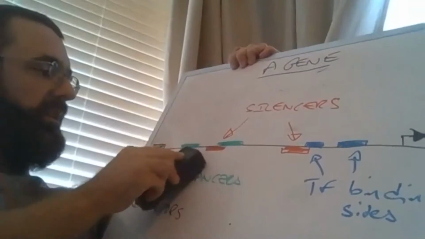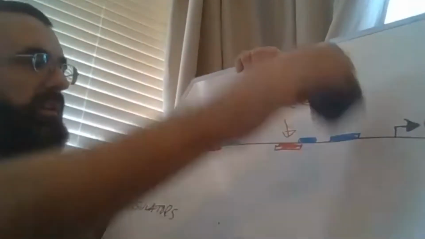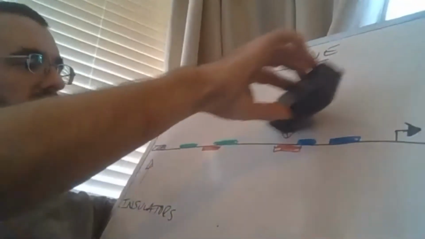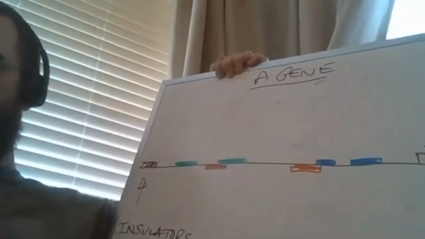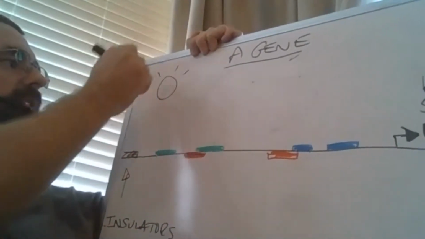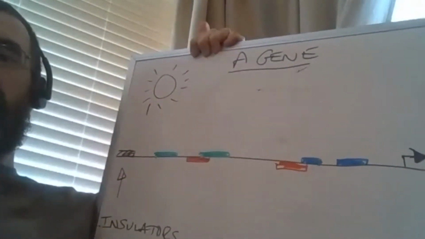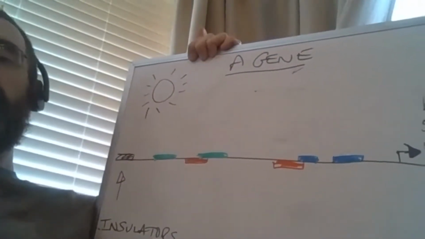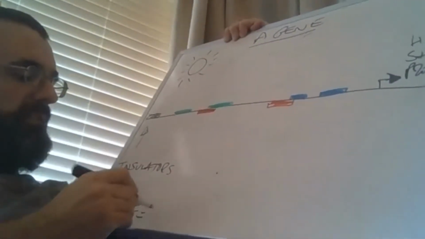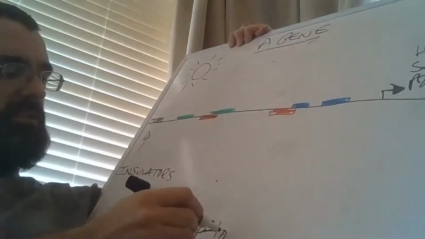So let's say you're out in the desert of San Antonio. TF is transcription factors, sorry. I'll get that in the next picture.